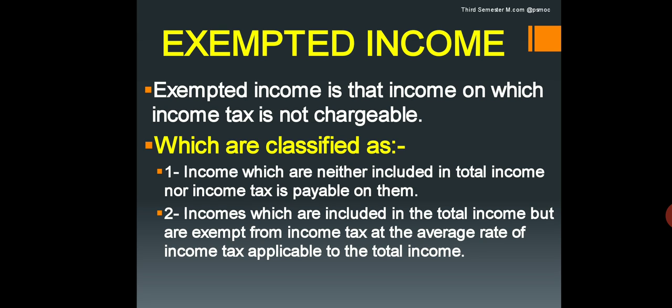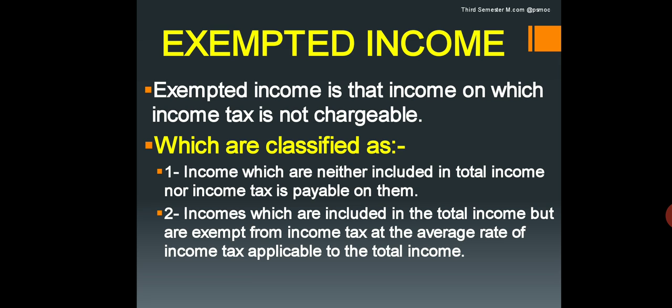That means they are neither included nor taxable. The second category is incomes which are included in the total income, but are exempted from tax at the average rate of income tax applicable to the total income.